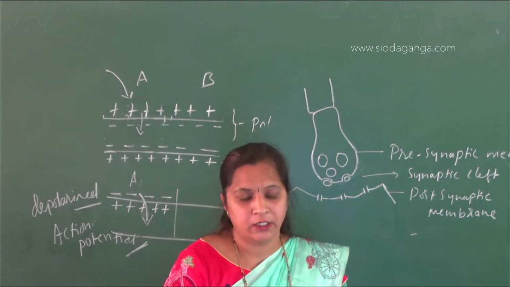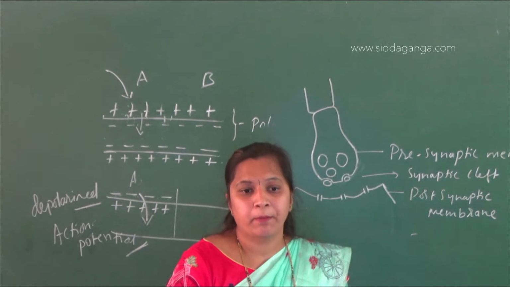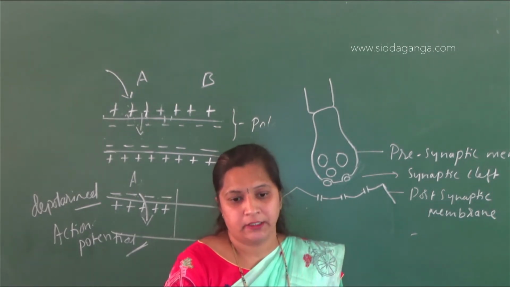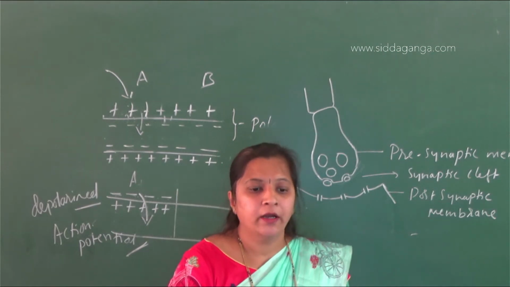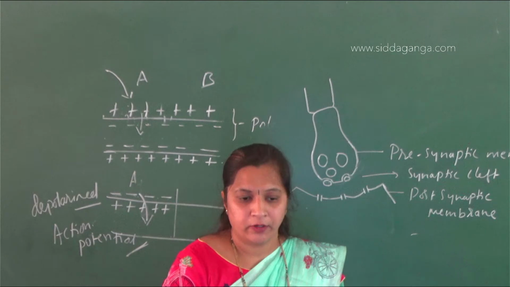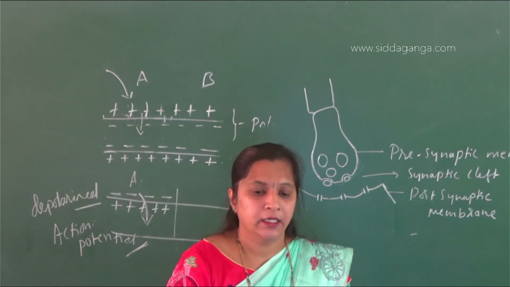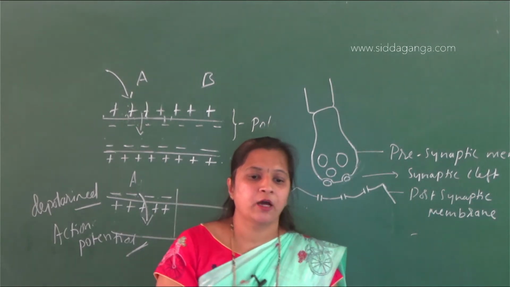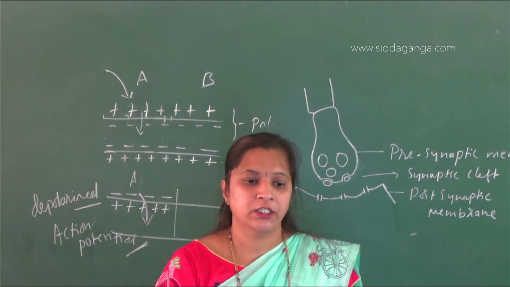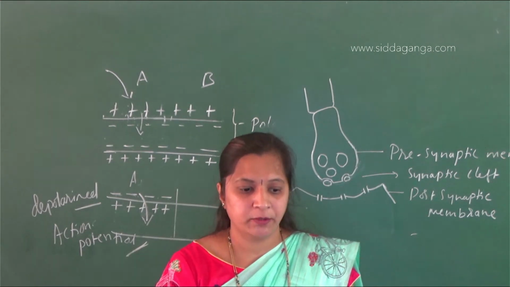Third one, increasing red blood cell formation: yes, the body compensates by increasing RBC formation. Fourth option, decreasing the breathing rate, is wrong, because breathing rate increases instead. So the right option here is the third one: in altitude sickness, the body compensates low oxygen availability by increasing the red blood cell formation.